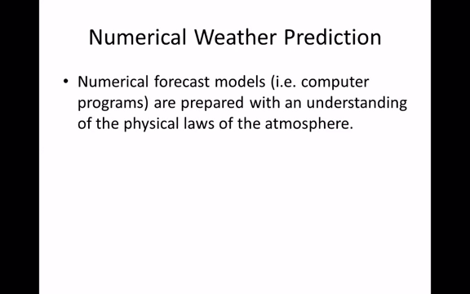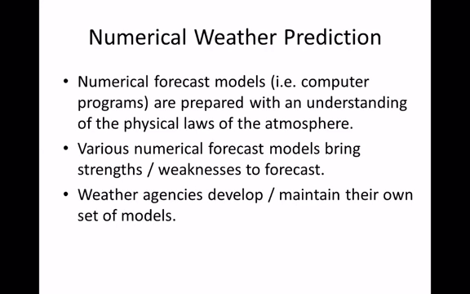So those initial conditions are put into a model, okay? You can only make these models if you understand the science of the atmosphere, okay? So there are different models that forecasters can rely on.